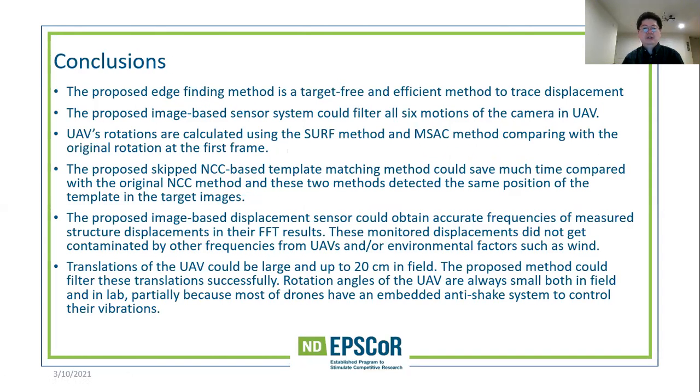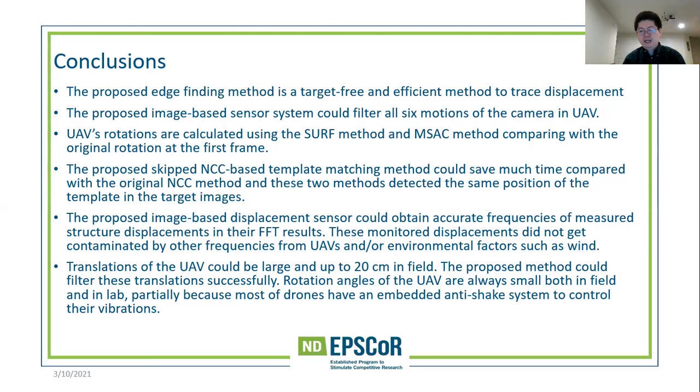So with that, I draw a conclusion, right? The method we proposed here is a target-free, efficient method to trace displacement. This method can also filter all 6 motions of the camera. And the proposed skipped NCC-based template matching method can improve the speed of image processing.